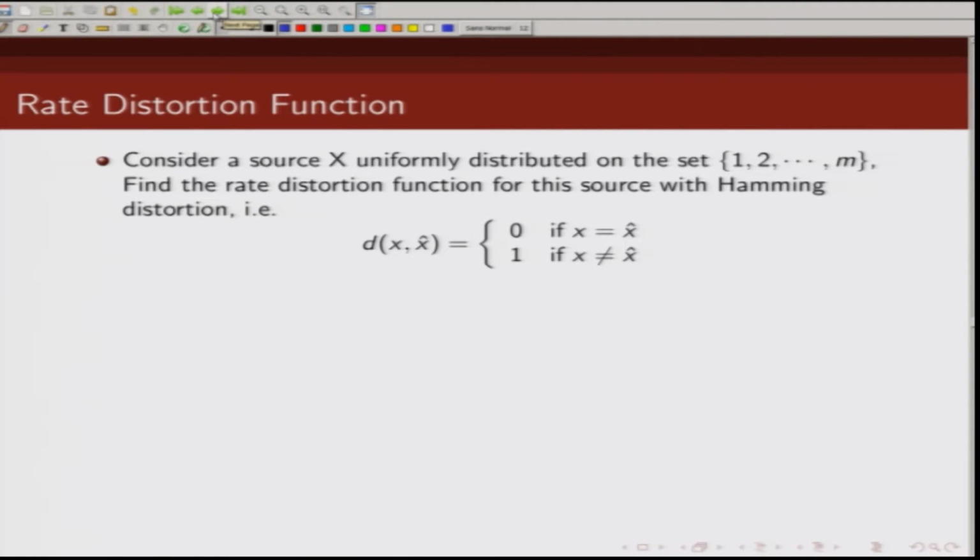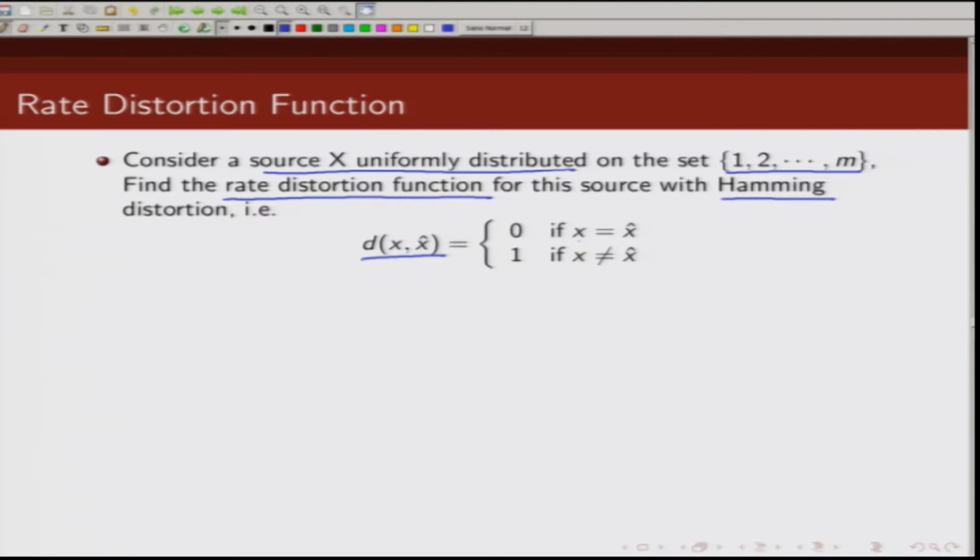Now, let us consider a source. This source is uniformly distributed in the set 1, 2, 3, up to m. Let us compute its rate distortion function for Hamming distortion. And what is Hamming distortion again?